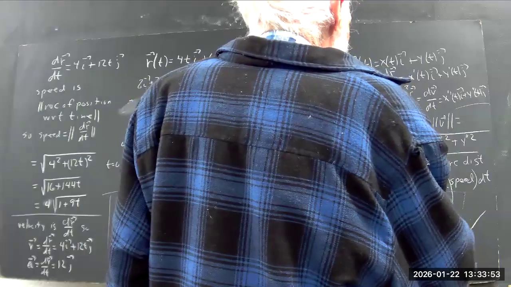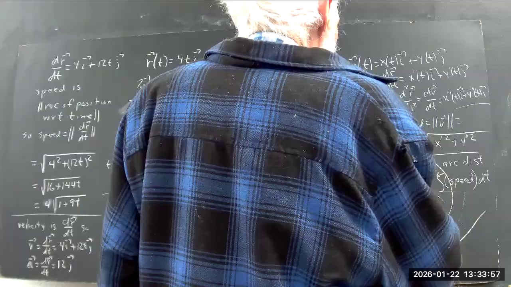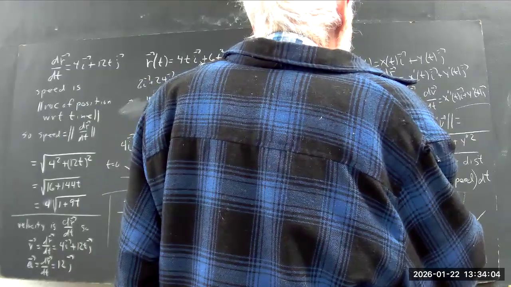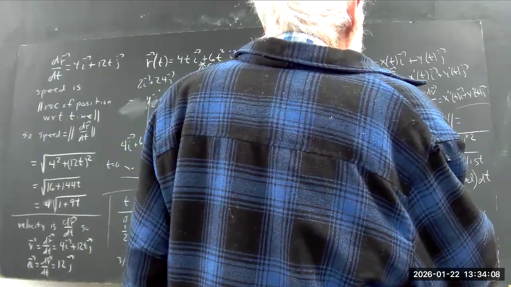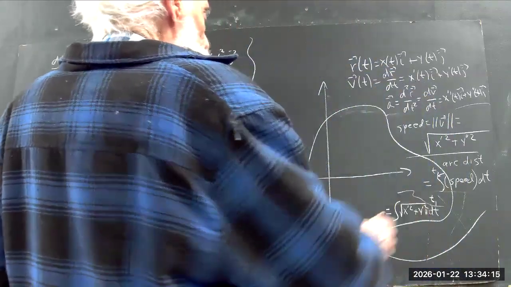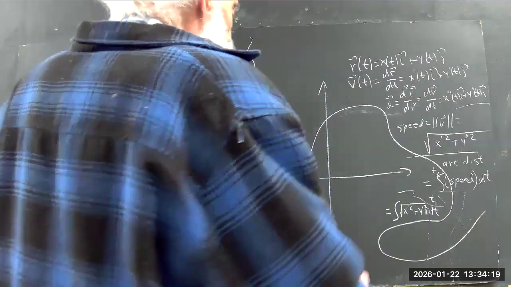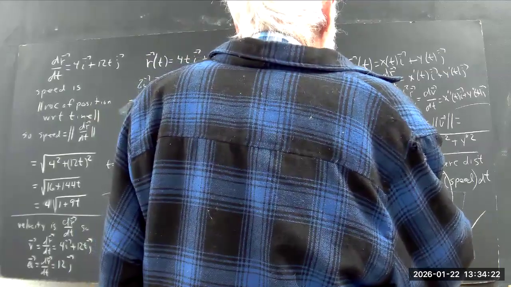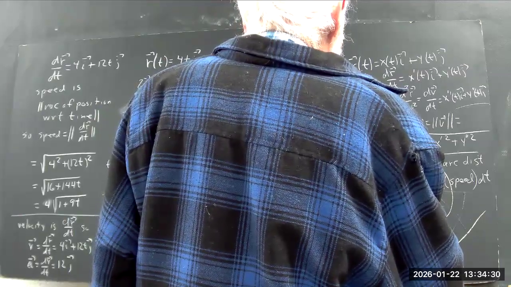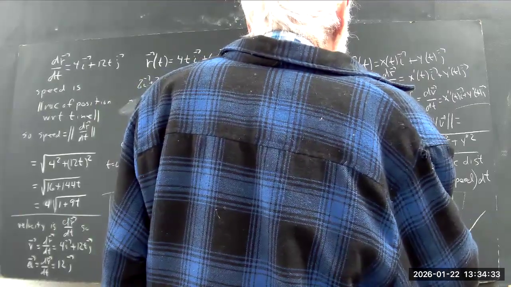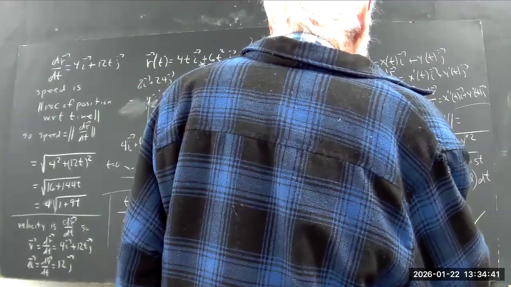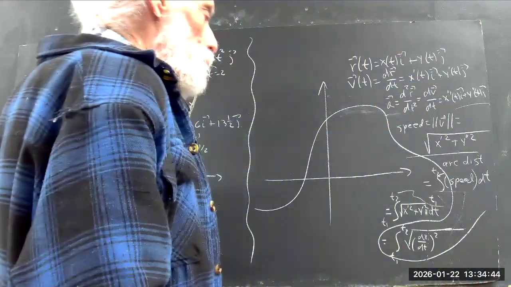And that equals the integral, wrote it kind of small, of the square root of x prime squared plus y prime squared dt from T1 to T2, which equals, written out in a little more standard form that's very useful, instead of x prime squared, you do (dx/dt) squared.